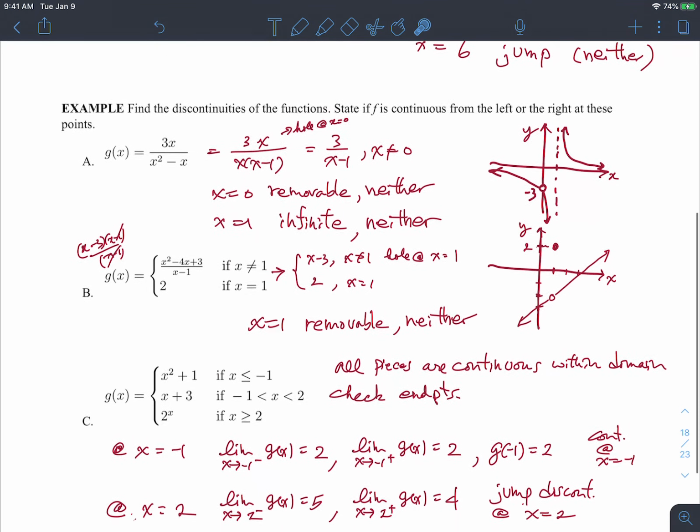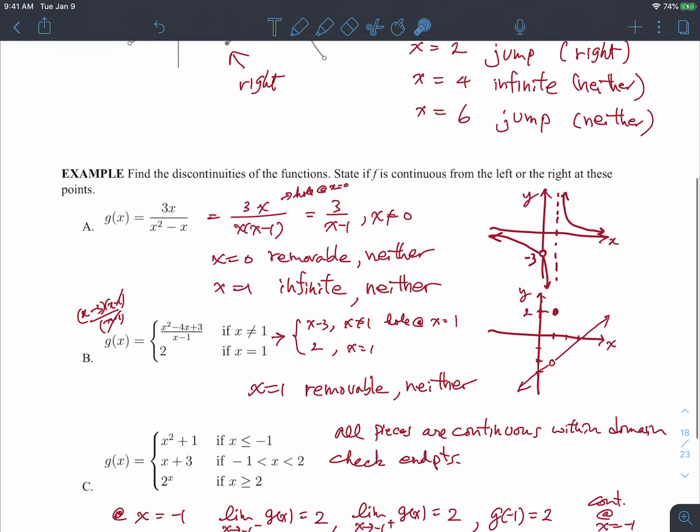All right, for this one though, let's take a look at this. You factor out the x, then that becomes a hole at that point, and this is basically a transformation of 1 over x, right? So this right here is removable because if you cross cancel, it creates a hole, right?